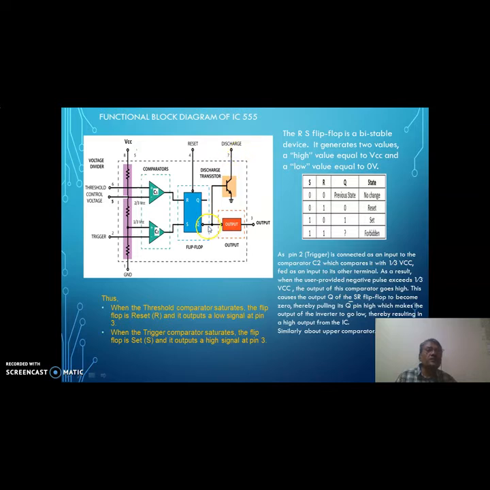And if this is high, then the transistor will be in the on state, and the capacitor connected to this pin will get discharged through this pin. The output stage is just an inverter, therefore we get the output Q instead of Q bar.